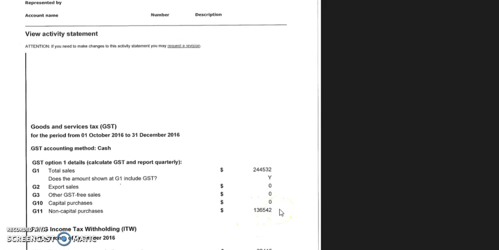If we calculate that again, 244,532 minus 136,542 gives you 107,990. Then we add that to the previous figure of 351,981, which gives you 459,971 for the six months, the September quarter and December quarter.